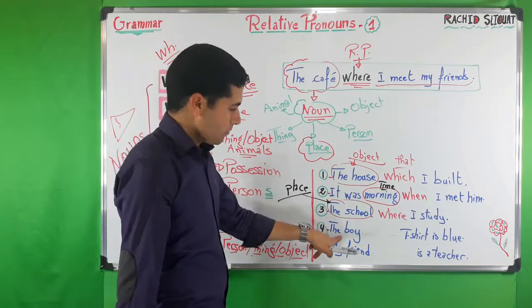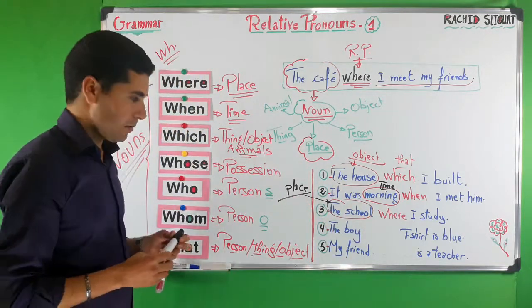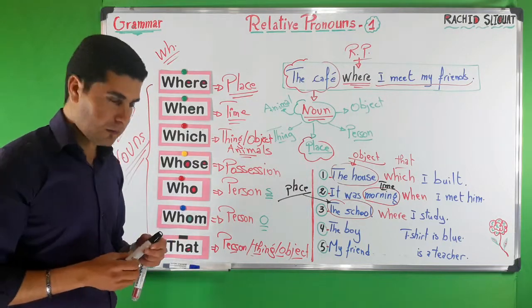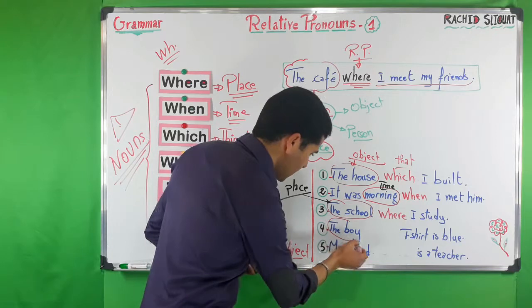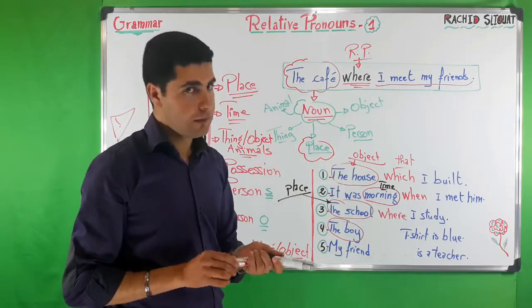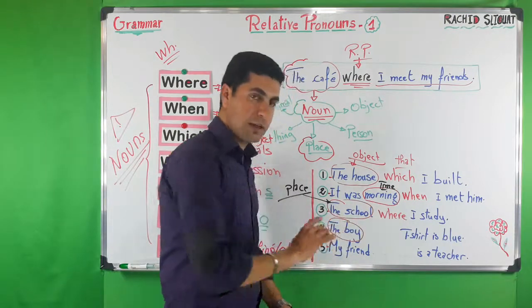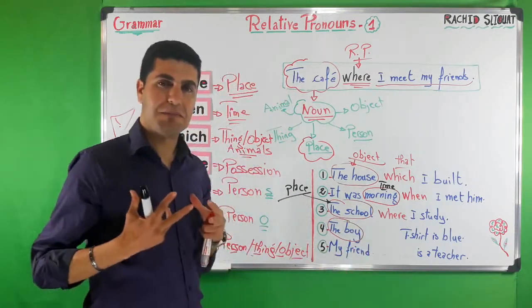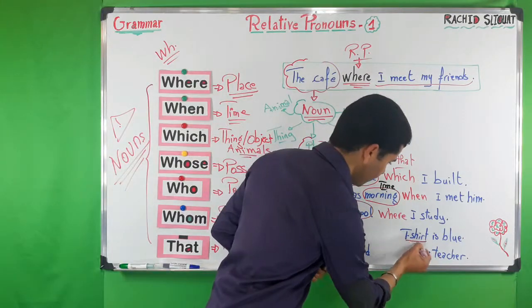The boy t-shirt is blue. So what is the noun? Very simply the boy, and the boy is a person. But here we are defining the boy by something that he possesses. It is the t-shirt.